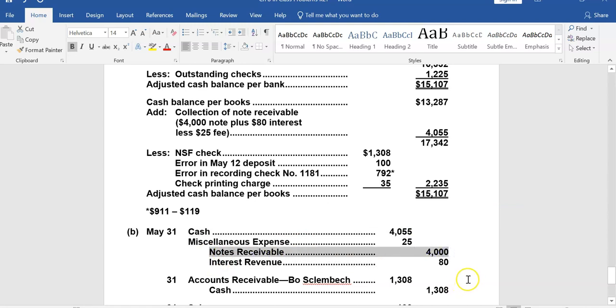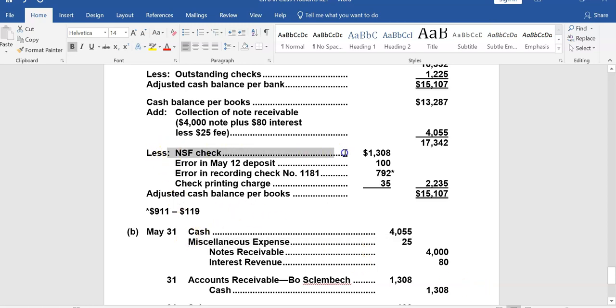If the asset was collected, it's no longer a receivable and we need to decrease the notes receivable. So we are crediting notes for $4,000. We also collected $80 in interest, so we get to record that as our interest revenue. And we need to also record a $25 expense for the bank fee.